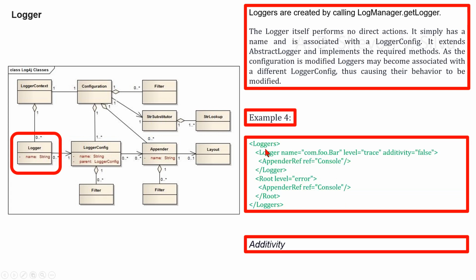As an example 4, you can see this logger configuration, and you can see the loggers here. Especially with this configuration, all log events from com.foo.bar will be recorded, while only error events will be recorded from all other components.